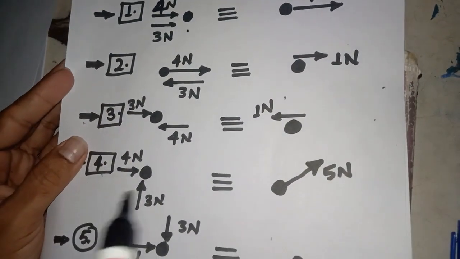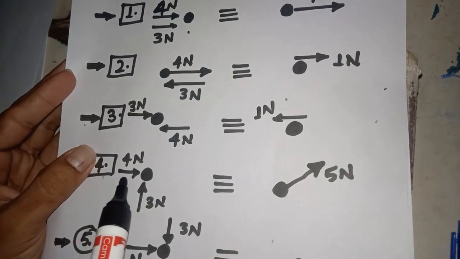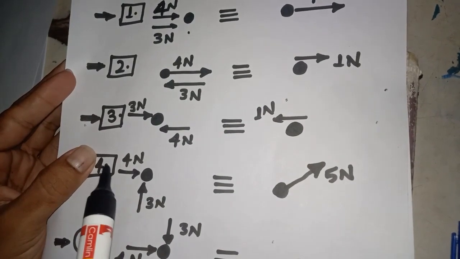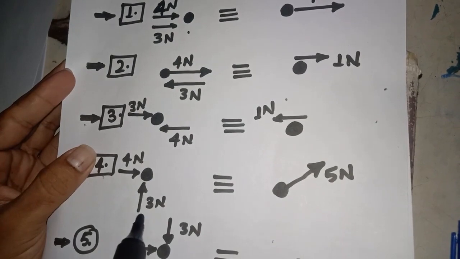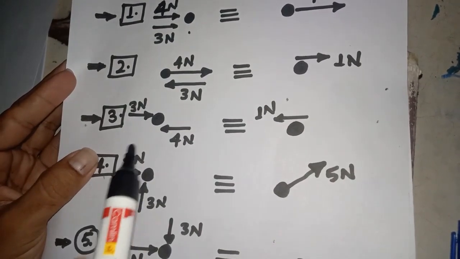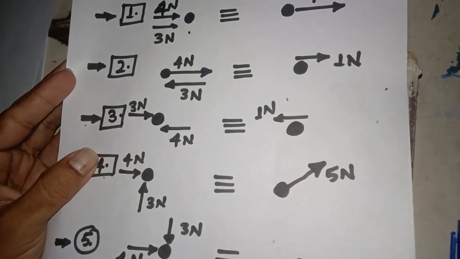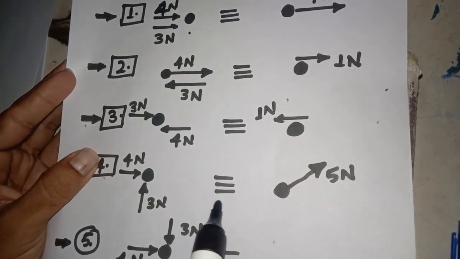Now the fourth case is if you apply force on a ball in the east direction by 4 Newton and another player applies force by 3 Newton in the north direction, what will happen?